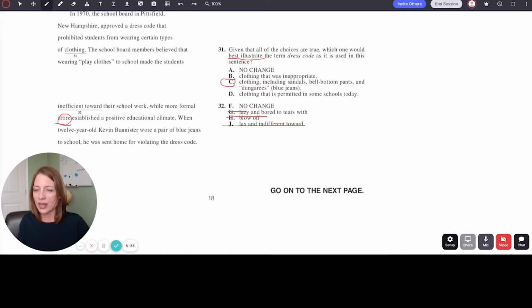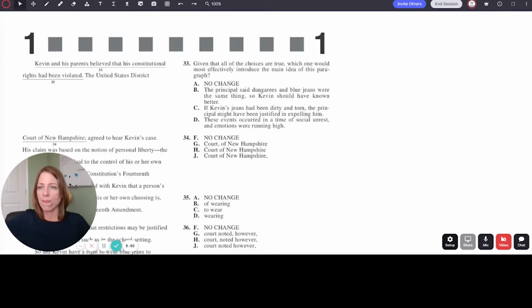When 12-year-old Kevin Bannister wore a pair of blue jeans to school, he was sent home for violating the dress code. So that also informs that maybe this was the right choice. Okay, that makes me feel better about that too. All right. Kevin and his parents believed that his constitutional rights had been violated.